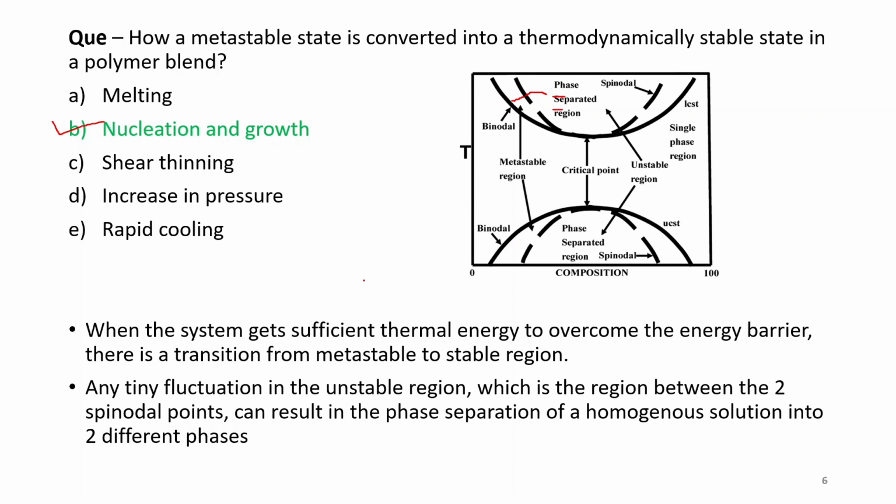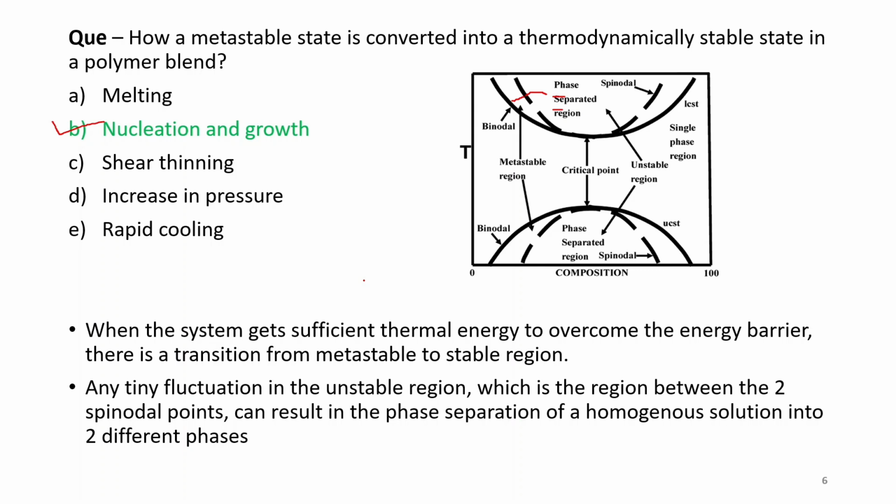If there is even a tiny fluctuation, the phase will separate out from the single phase region into a two phase system. And nucleation and growth is the process converting the metastable state into a more thermodynamically stable state.